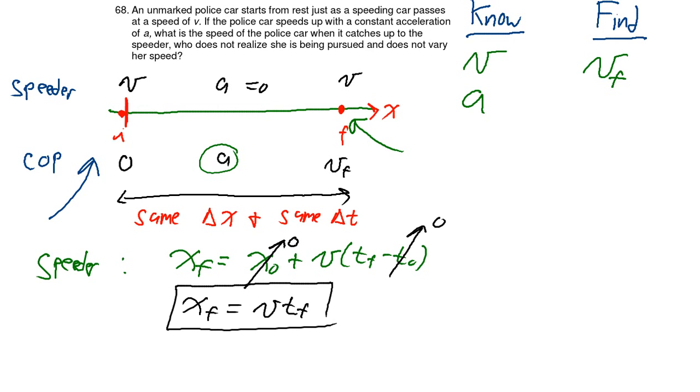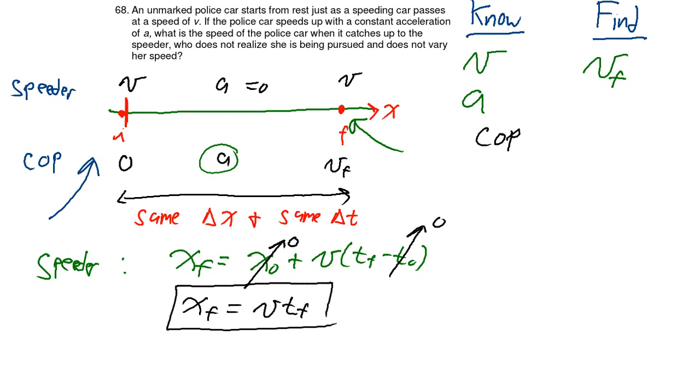All right, and so then for the cop, we can have several different kinematic equations. It probably makes sense, first of all, to write down the kinematic equation for the position of the cop as a function of time.